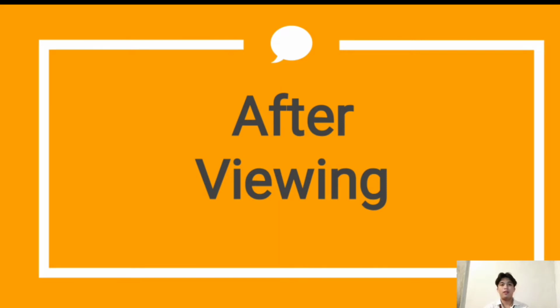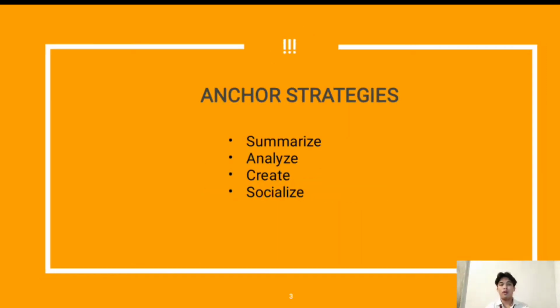Now let's proceed to the after viewing. As you can see here, in after viewing, we have four anchor strategies: summarize, analyze, create, and socialize. First is summarize. When we say summarize, we shorten the text, or in other terms, we make it concise.